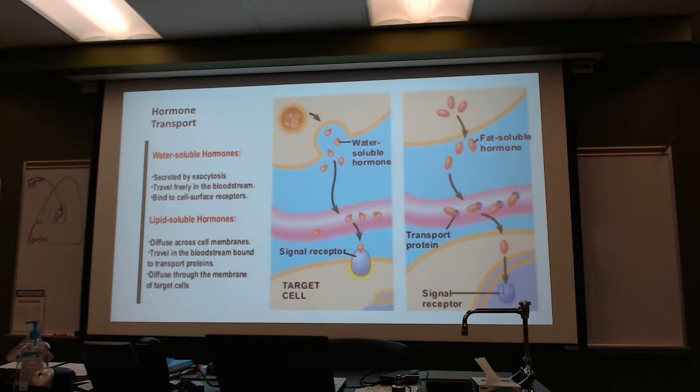It moves through the plasma membrane of the target cell with the overall goal of affecting the activity of the cell.